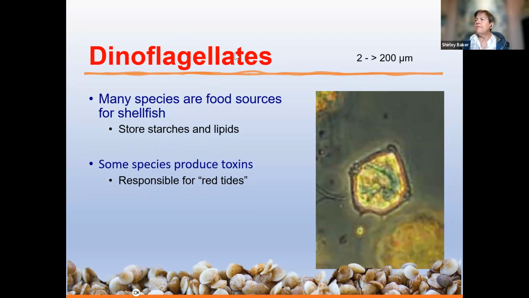These phytoplankton vary from about 2 microns to more than 200 microns. If you took a pencil and made a quick dot on a piece of paper, that's around 200, 250 microns, to give you an idea of that size.